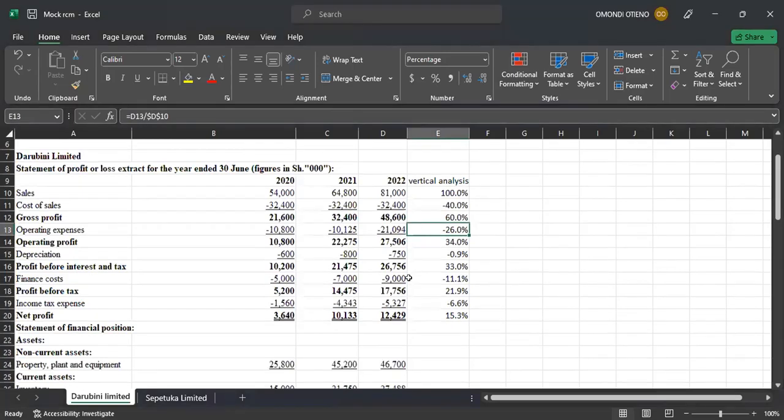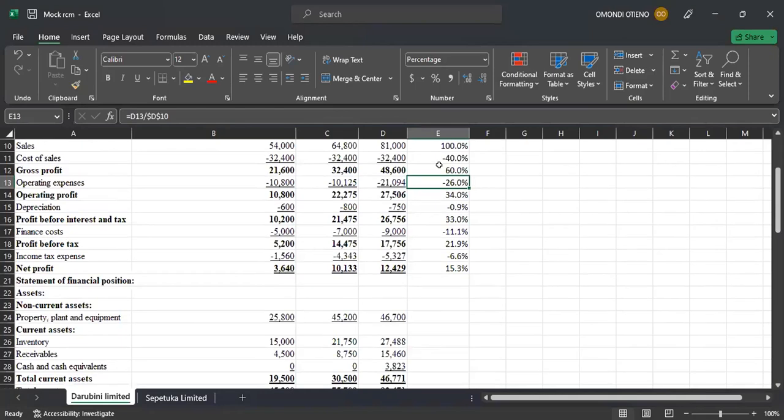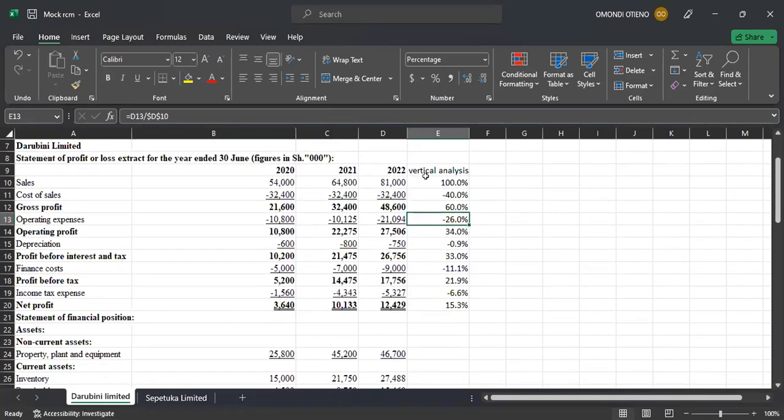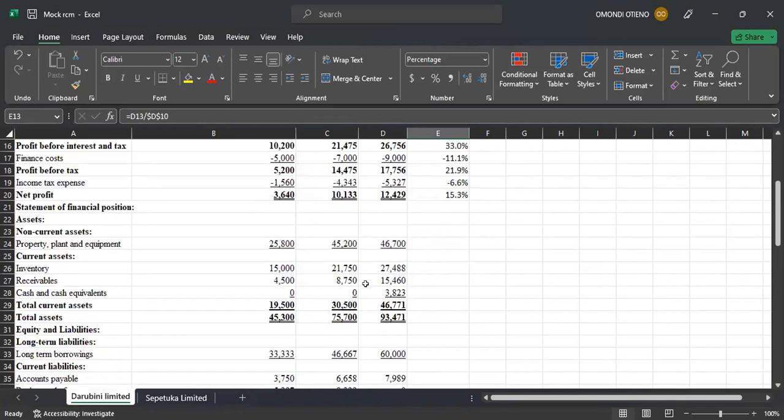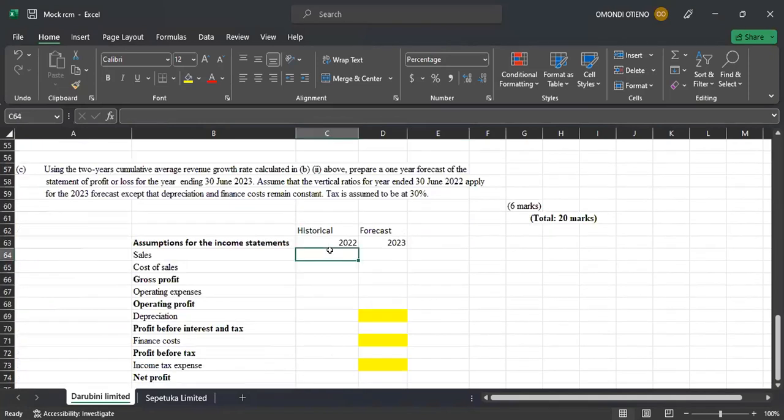Okay, so once that is done, we've seen the percentages here. If we now come down here, we are being told to come up with a forecast income statement for 2023, maintaining the vertical ratios for 2022.